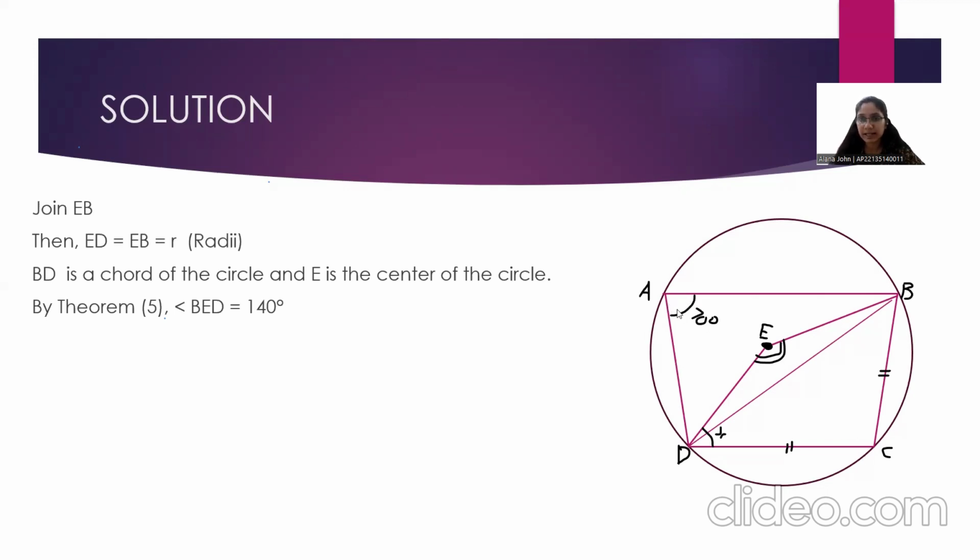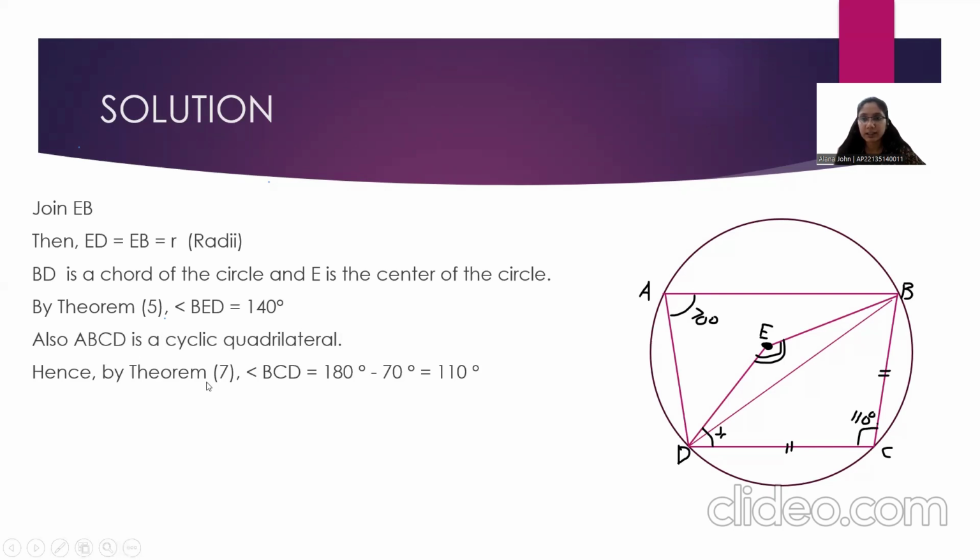So here, if this angle is 70 degree, then what will be this opposite angle? It will be 180 degree minus 70 degree, right? ABCD is a cyclic quadrilateral, and by theorem 7, this angle BCD becomes 180 degree minus 70 degree equal to 110 degree. Is this much clear to you?